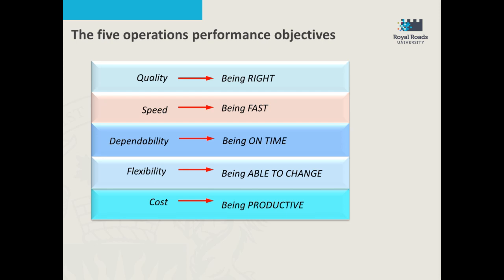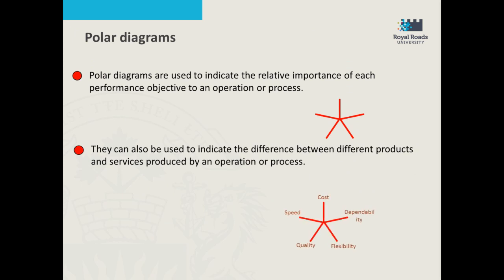This is why the first step in any analysis is to first define the process, the input, and output. Within that process, then we will discuss each of these performance objectives. A very simple but powerful technique to analyze performance objectives is called the polar diagram. The polar diagram is used to indicate the relative importance of each performance objective to an operation or process.